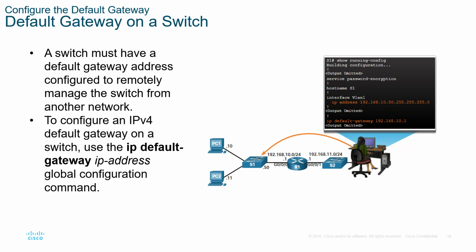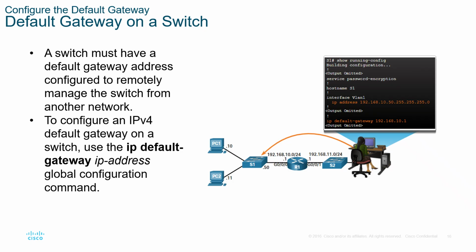Now, the reason why I put a default gateway on a switch: it must have a default gateway address configured to remotely manage the switch from another network. Pretty much that is the only reason why we put an IP address and a default gateway on a switch. To configure an IPv4 default gateway on a switch, you use the ip default-gateway command with just the IP address of the default gateway.